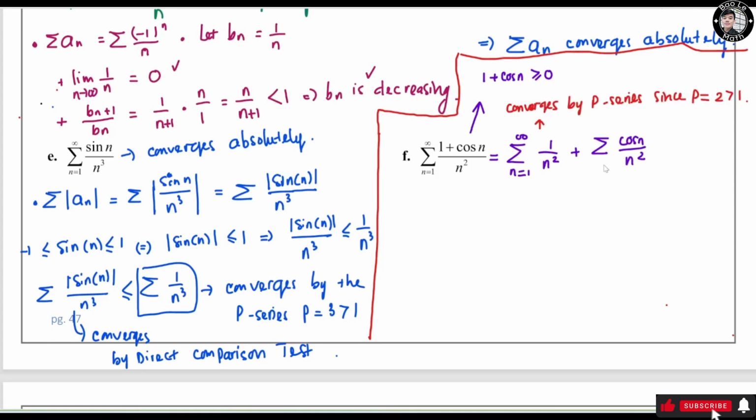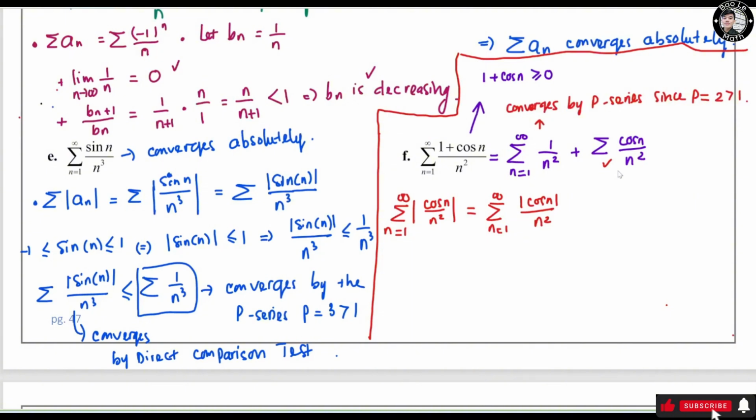Now for the second one right here, I'm going to check the series of the absolute value of cosine n over n squared when n goes from 1 to infinity, right?